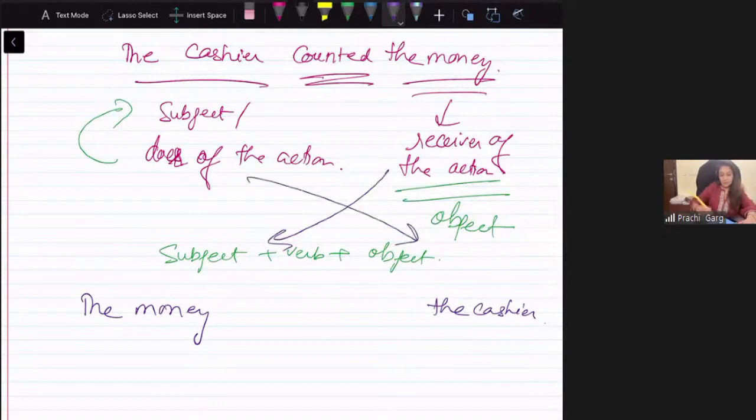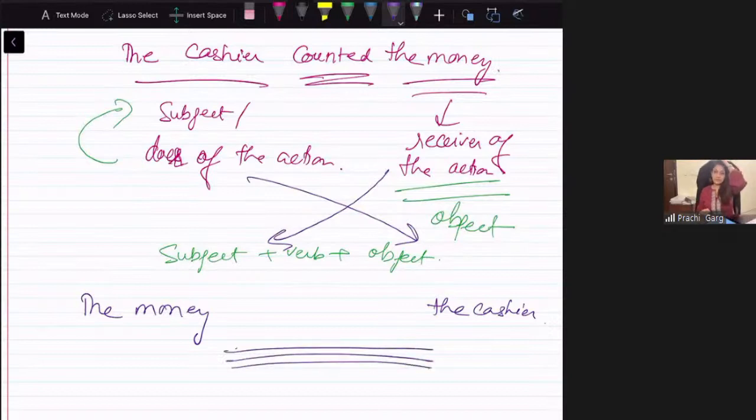Now, what you need to understand is how to use the verb. There is an entire table that needs to be understood. I will be teaching you about how you will change the sentences in each tense, but for now, just understand the basics here. Since it is in simple past, we will use was. We would have used were if the subject was plural. After this, we will use the third form of the verb.